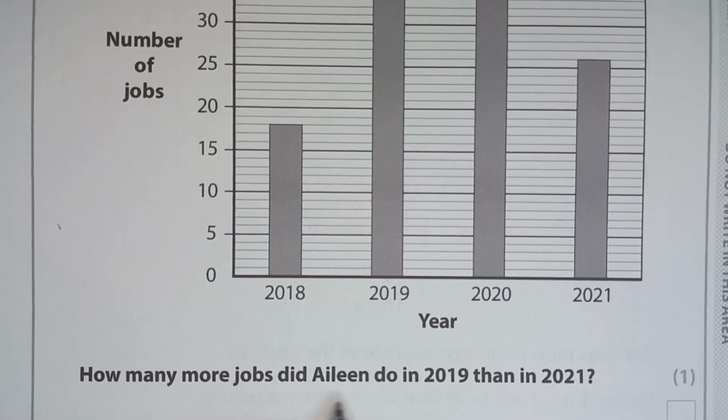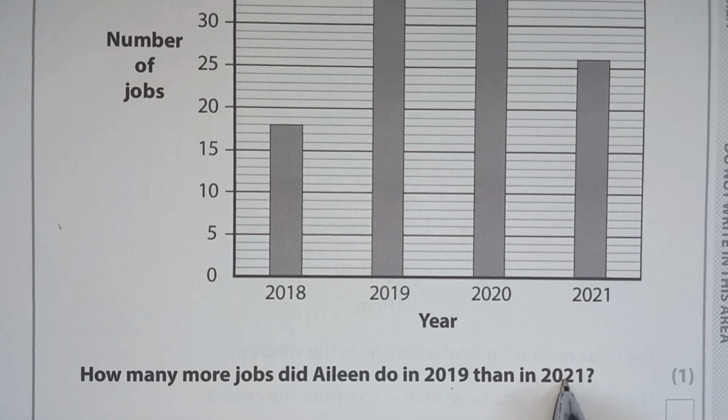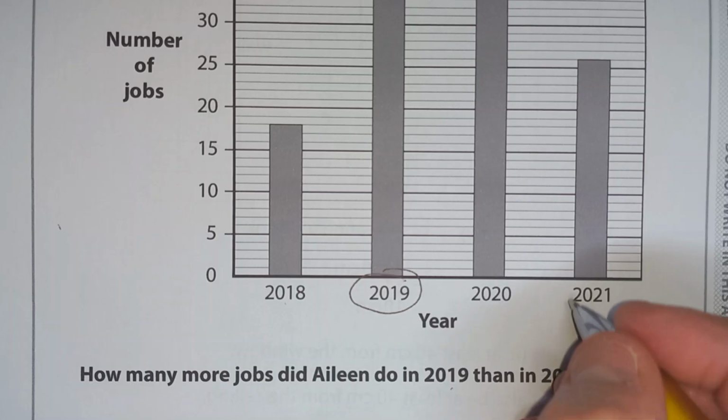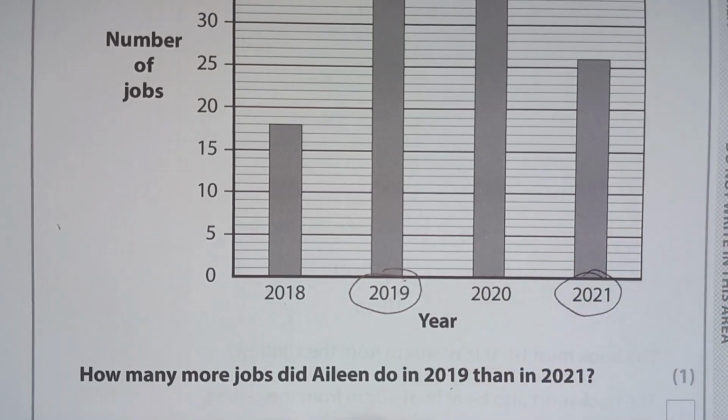How many more jobs did Aileen do in 2019 than in 2021? So we're only interested in 2019 and 2021. And if we want to know how many more, we need to find the difference. So we need to take one away from the other.